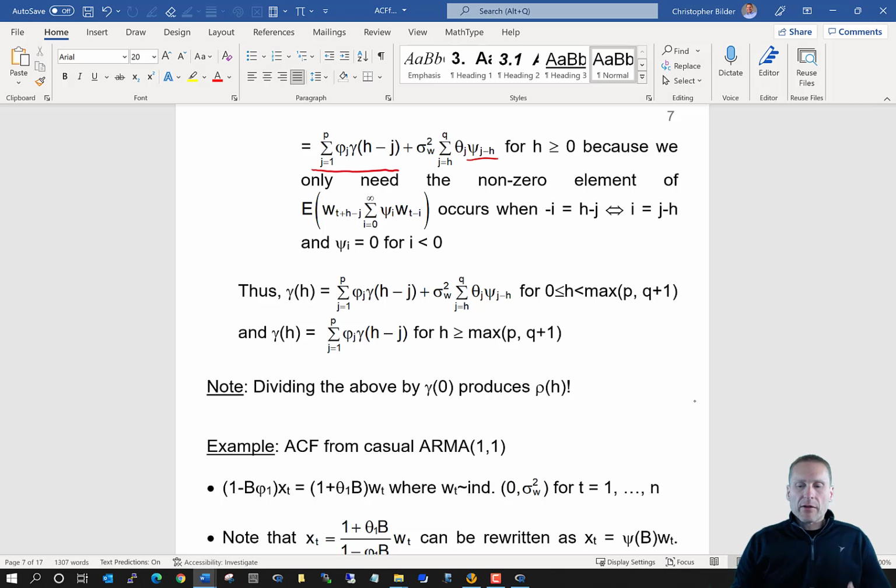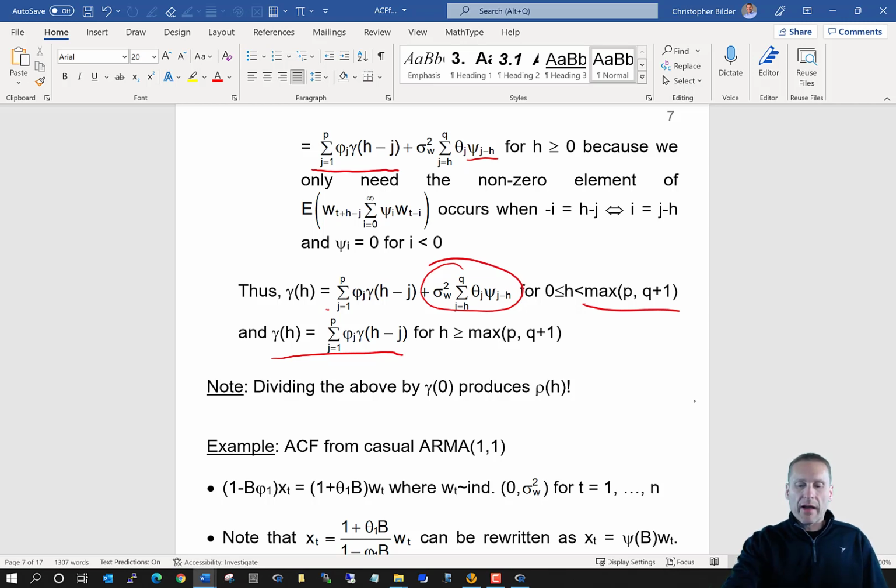And if you look at it a little bit further, you can see that I only have to be concerned about this portion here when h is less than this particular value, the max of p and q plus 1. And then once you get beyond this maximum, my autocovariance function just simplifies down to that first part.